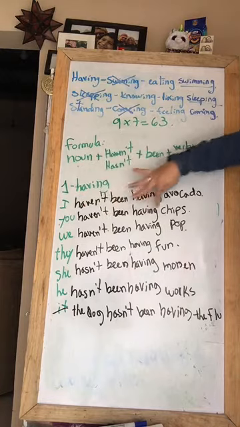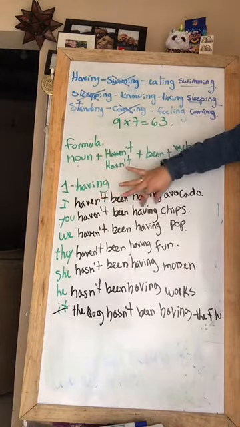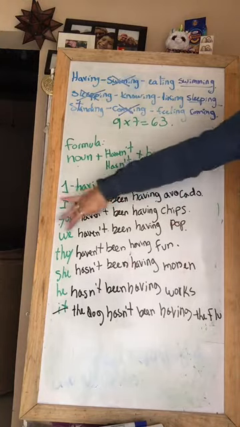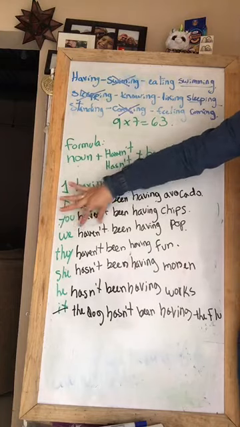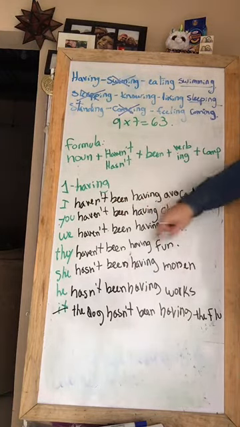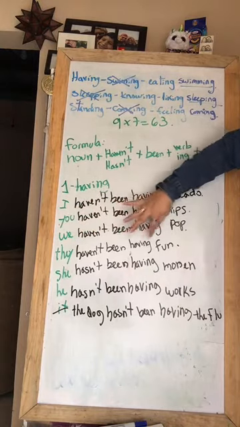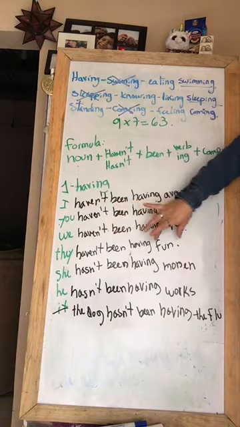You haven't been having chips. Yo no he estado teniendo churros. We haven't been having pop. Nosotros no hemos estado teniendo soda o fresco. They haven't been having fun. Ellos no han estado teniendo diversión.